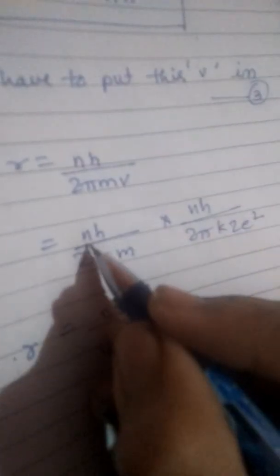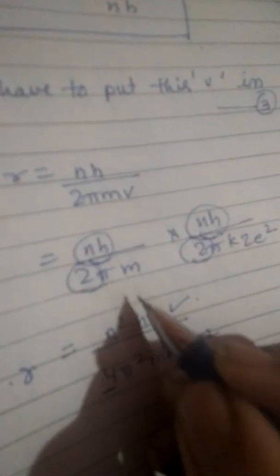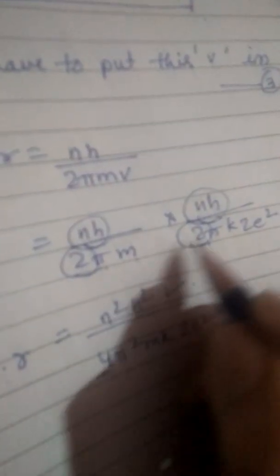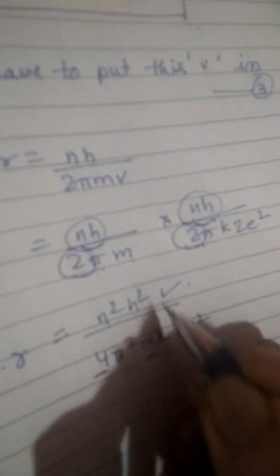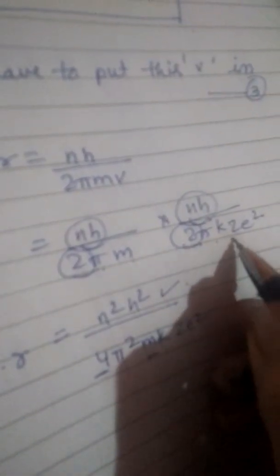What we can do, there won't be any cancelling here, so we will have n h multiply n h, n square h square, and 2 pi m, 2 multiply 4, and pi multiply pi square, and m will be m as it is, and k z e square.